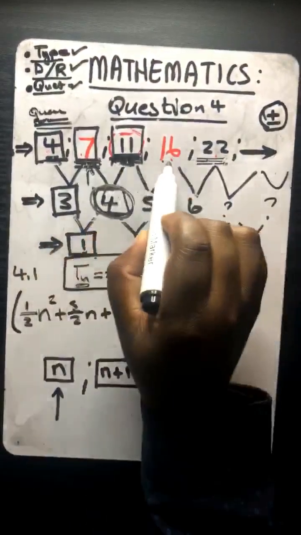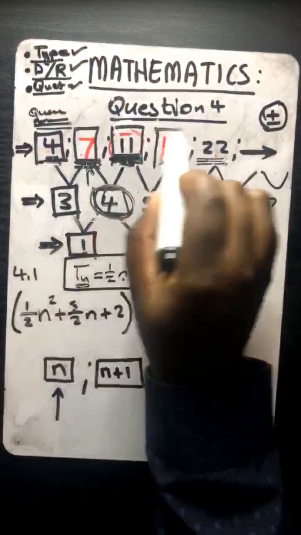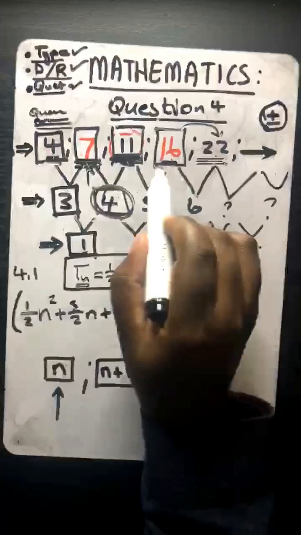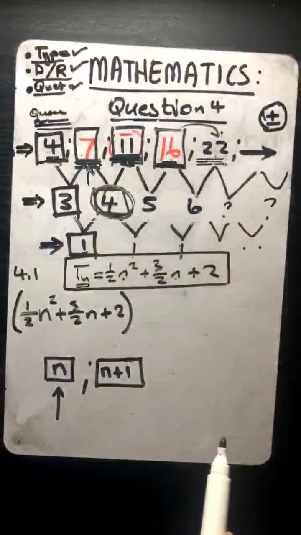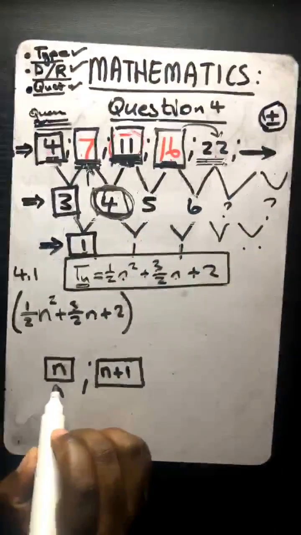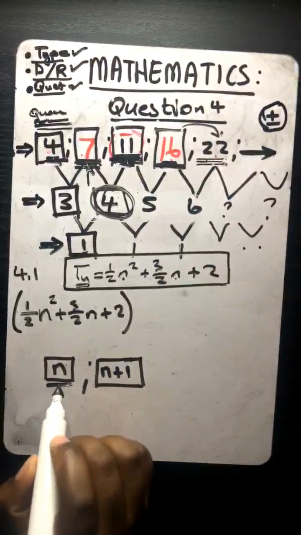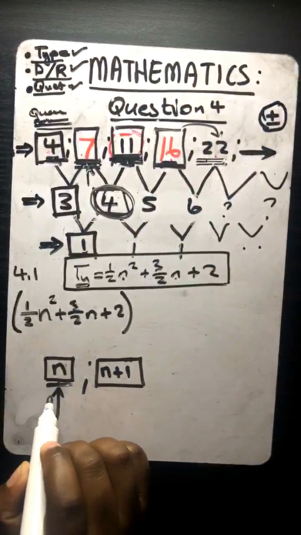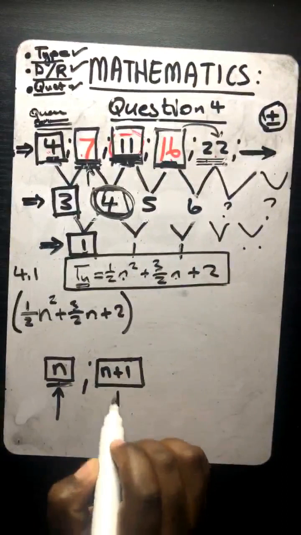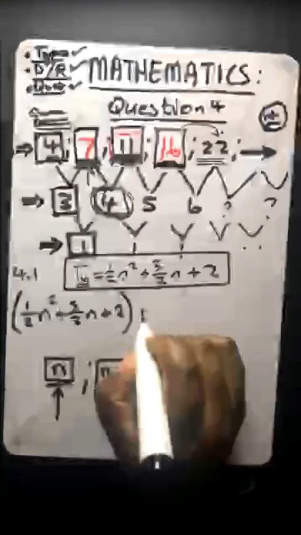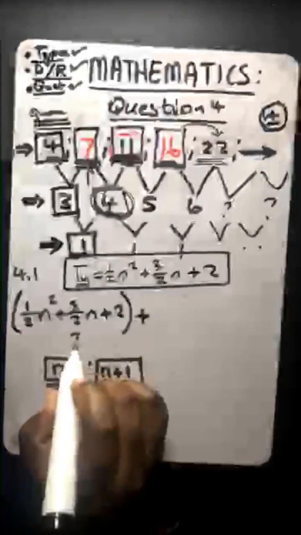If this stand number is 4, you just add 1 to whatever the stand number is. That is why I'm saying the first stand number is n, and the next stand number is n plus 1.